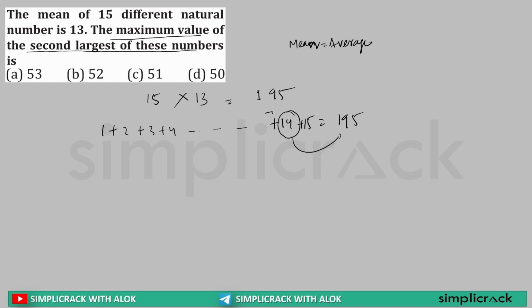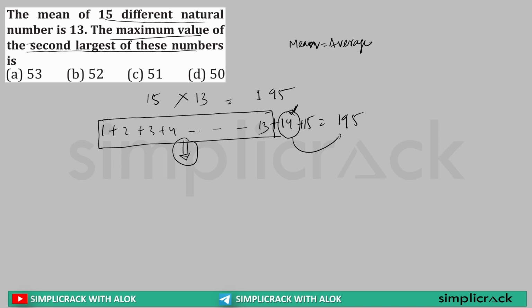So let's understand what could be the value of the 1st, 2nd, 3rd, 4th, 5th till the 13th number. So if I am considering the maximum value here, let's consider the minimum possible value of these 13 numbers. Yes or no? Yes. Now it has said in the beginning that, sir, these are 15 different natural numbers.